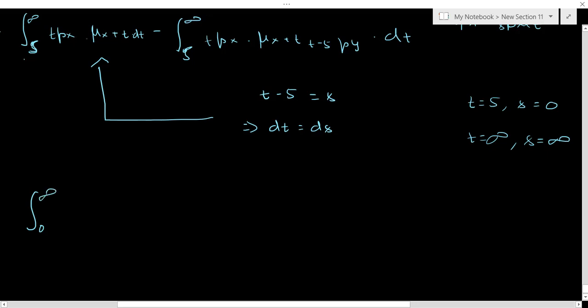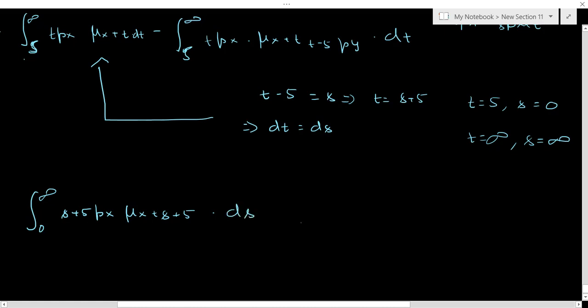Now instead of tpx, since t minus 5 is equal to s, t is equal to s plus 5, right? So this becomes s plus 5 px, and mu x plus t dt. Instead of all the t's, I'll have to put s plus 5. So this becomes mu x plus s plus 5, and ds.